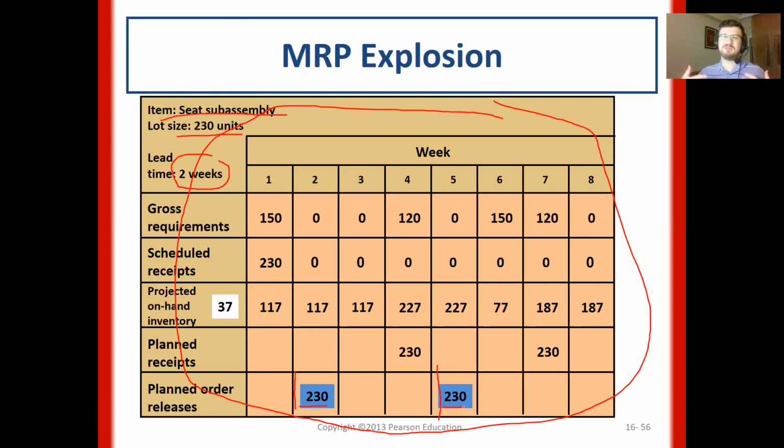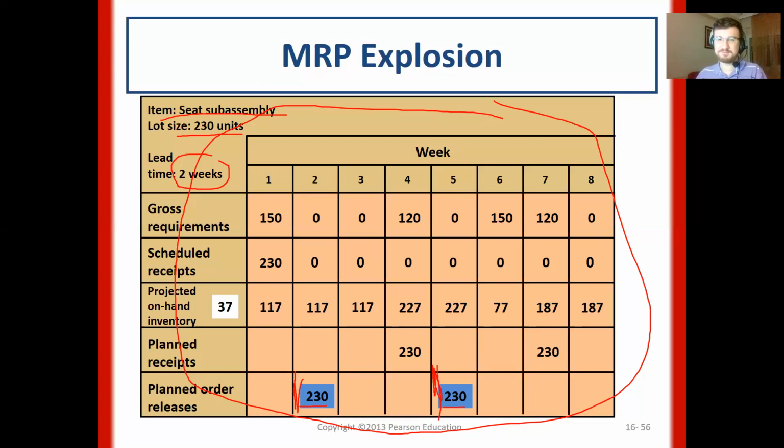It means that the workshop, our worker, should start to assemble 230 seats at the beginning of week 2 and at the beginning of week 5. Otherwise, I cannot meet my due dates for final assembly.